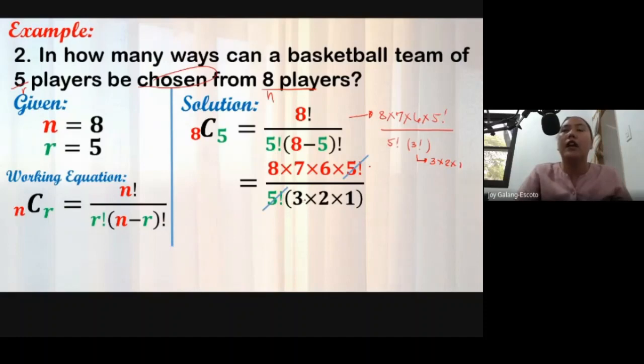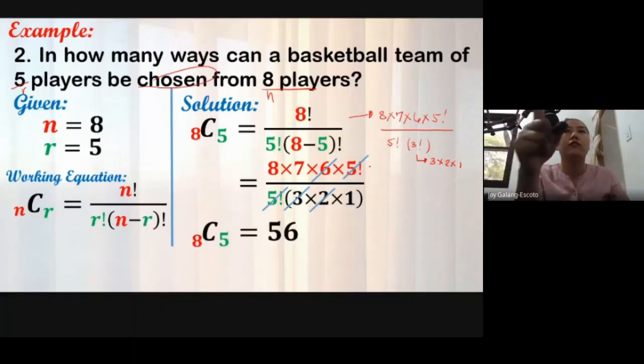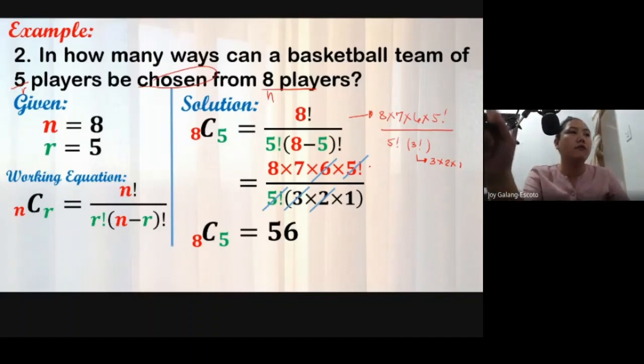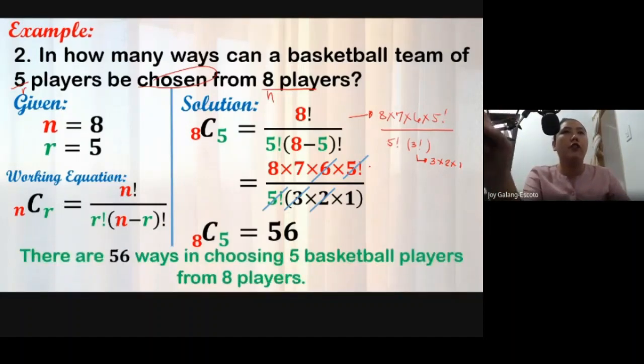And as you can see, 3 times 2, that is 6, so cancel out 6. And then you will have 8 times 7, and 8 times 7 is equal to 56. So the combination of 8 players taken 5 at a time is 56. And then do not forget your conclusion. Therefore, there are 56 ways in choosing 5 basketball players from 8 players.